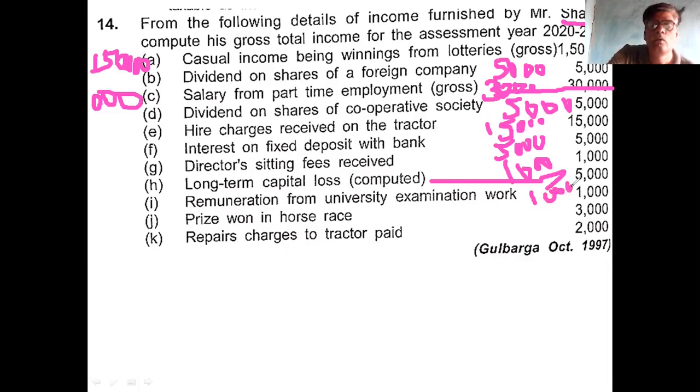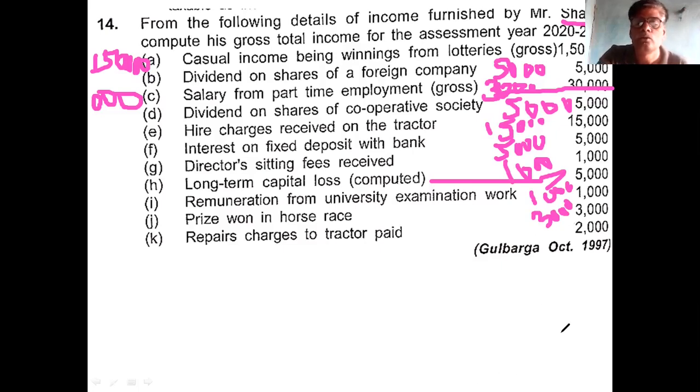Then winning from horse race 3,000. Then tractor repair charges 2,000 is there. You deduct in the total. This is the deduction under section 57.